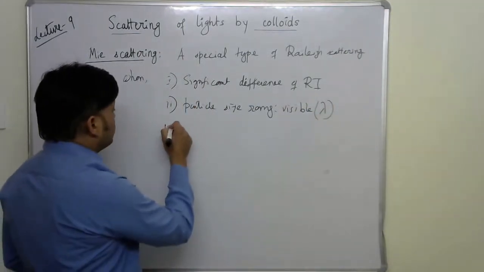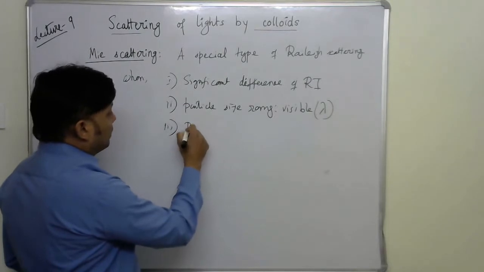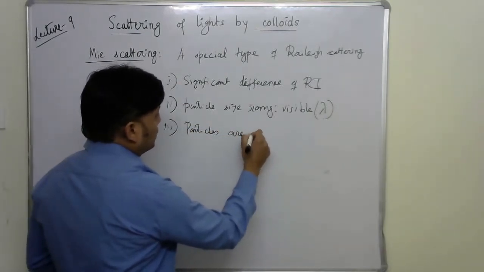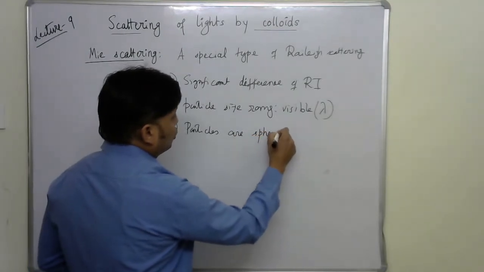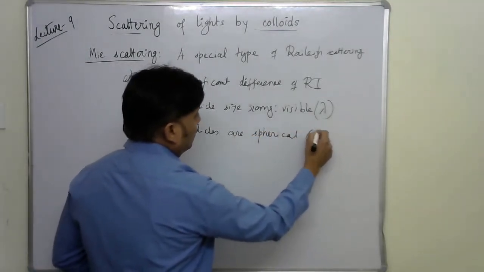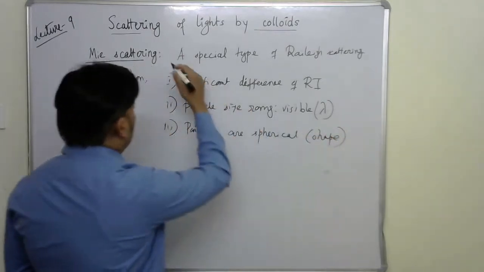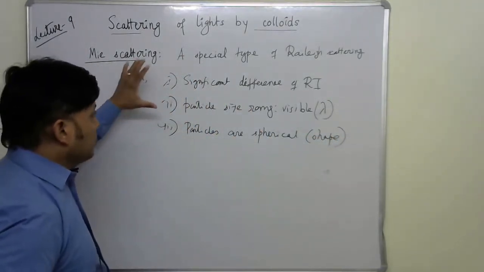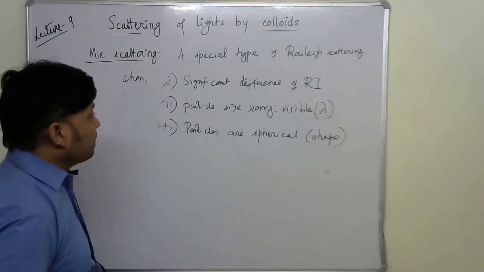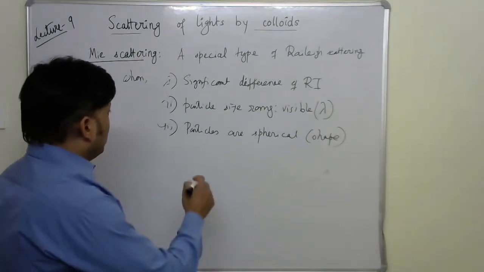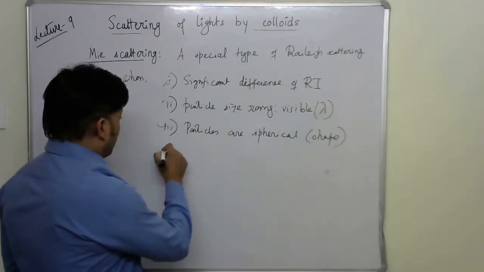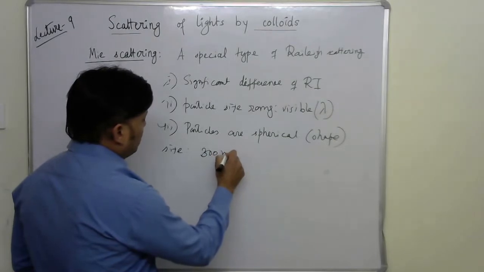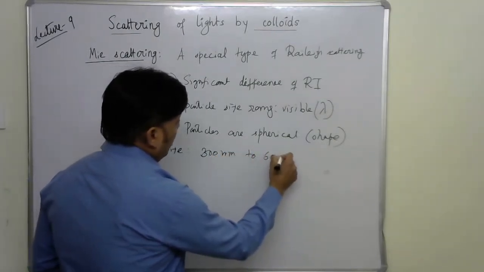And thirdly, and most important, the particles are essentially spherical in shape. Whenever these three conditions are fulfilled, we get a special type of scattering called Mie scattering, and usually it is observed for particle sizes between 300 nanometers to 600 nanometers.